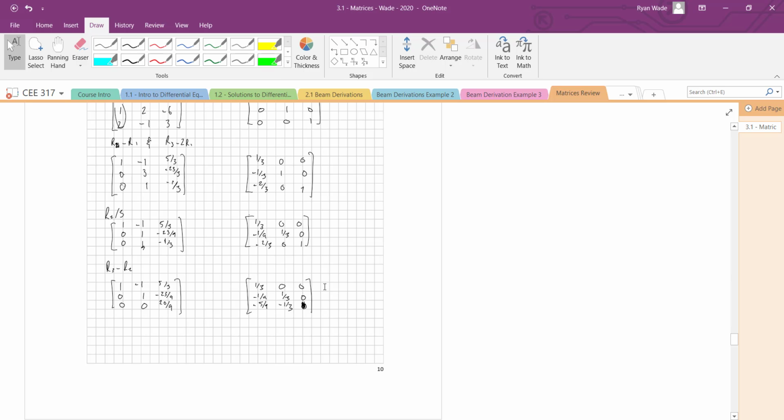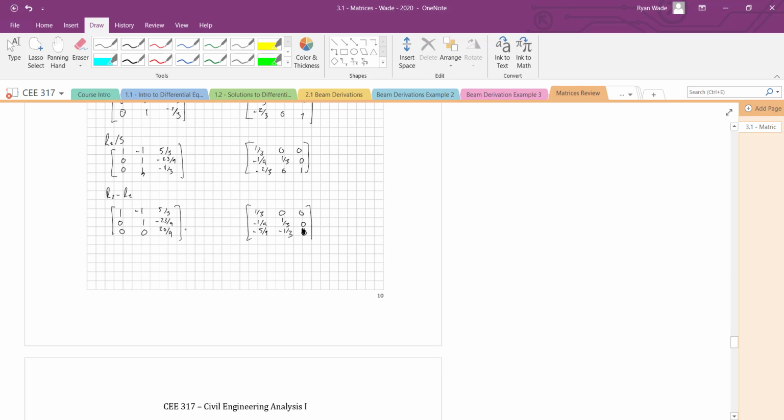So all I'm doing is trying to turn this one into my identity matrix, right? So now I'm going to take row 3 times 9 over 20. Right, and now I'm left with 1, negative 1, 5 over 3, 0, 1, negative 23 over 9, 0, 0, 1.